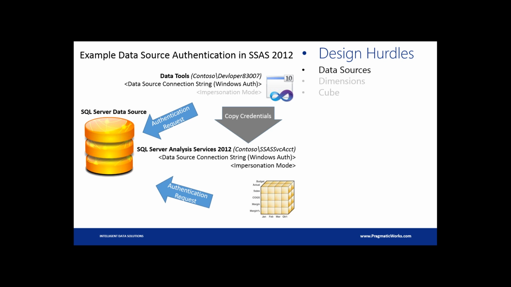If that service account does not have access to the data source, he'll get an error during processing saying access denied. So it's important to understand this, because it's not the connection string everybody's familiar with, but the impersonation mode in Analysis Services that allows you to change that.